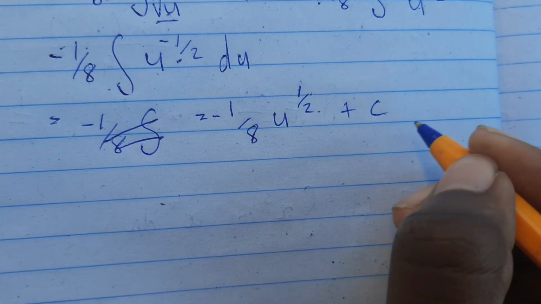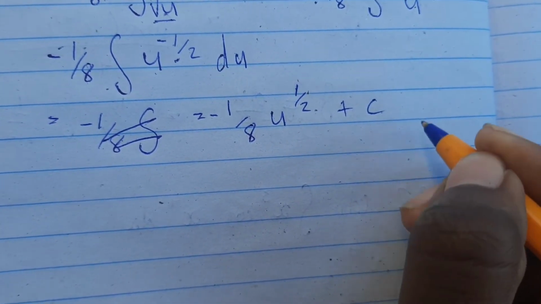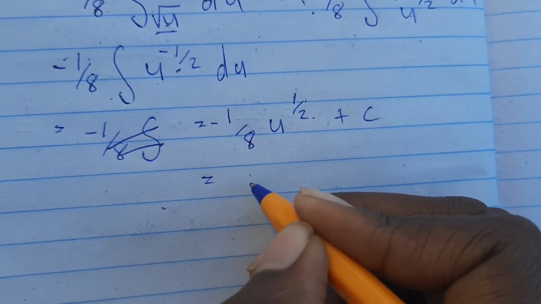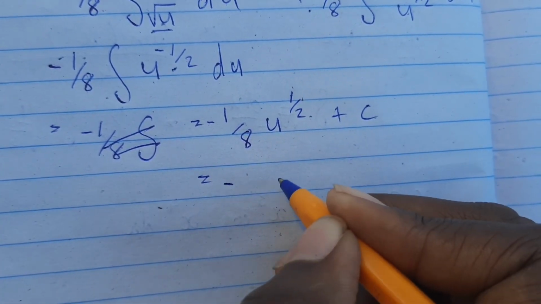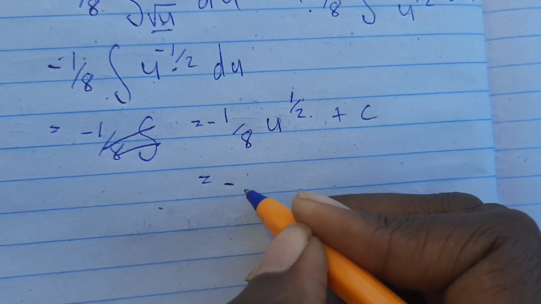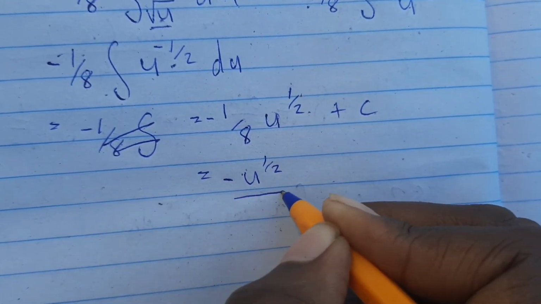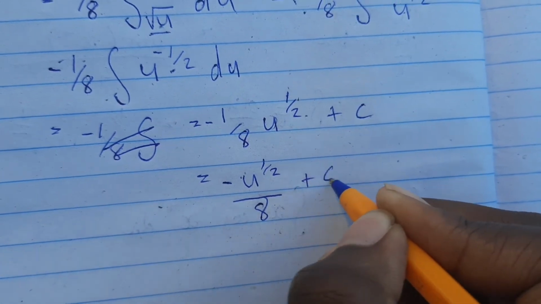So let's try and fix this a little bit. If we multiply these two out, it's going to be negative u to the half over 8 plus c.